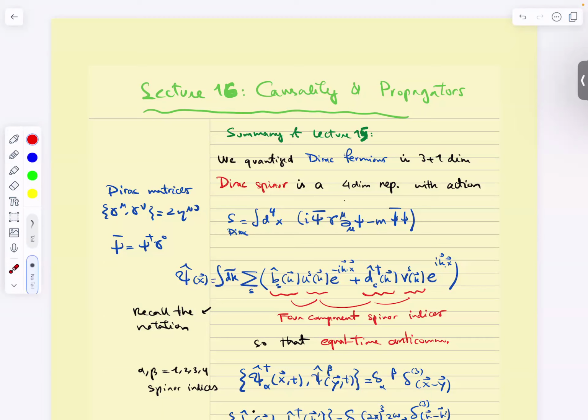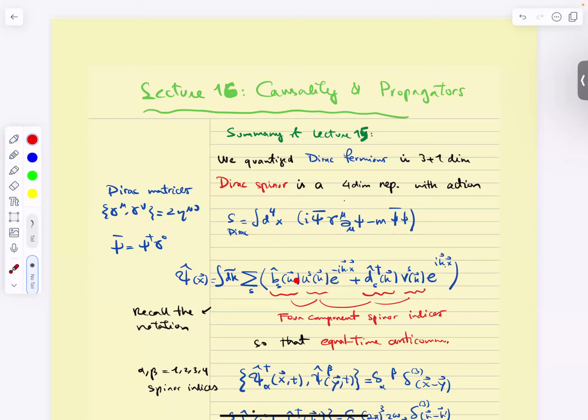So last time we saw that this is a 4-component field. As usual, recall this notation. This is that covariant integral over modes, the on-shell condition, and positivity of energy. Then we had a 4-dimensional vector. So 2 of them are here.